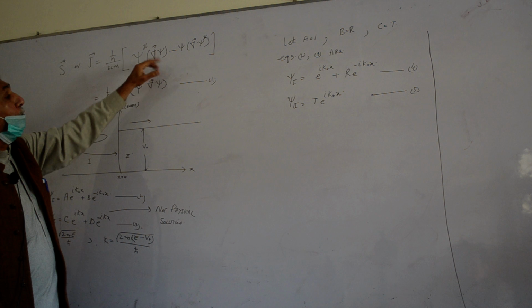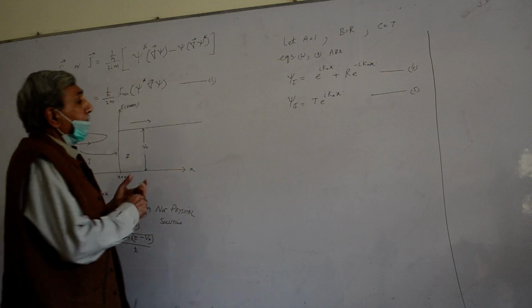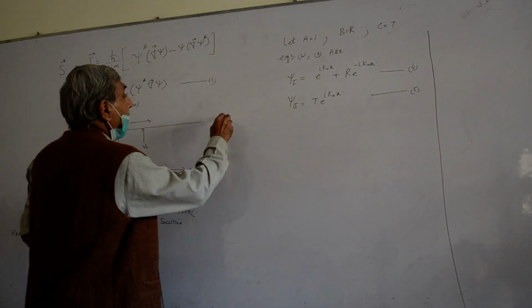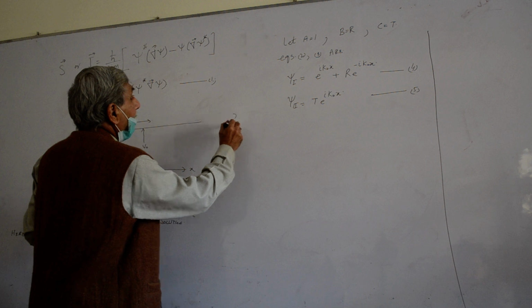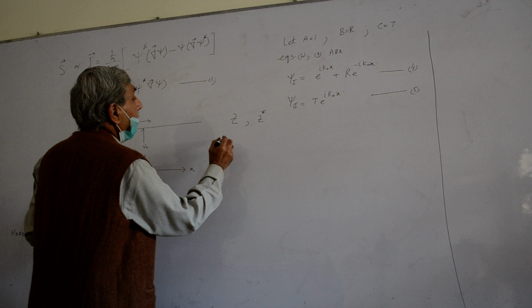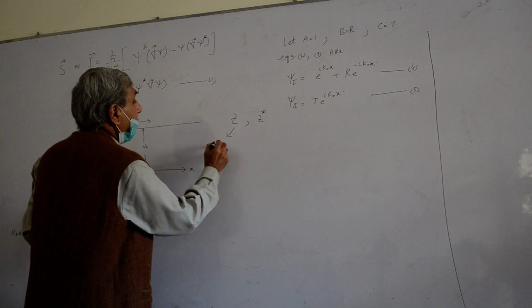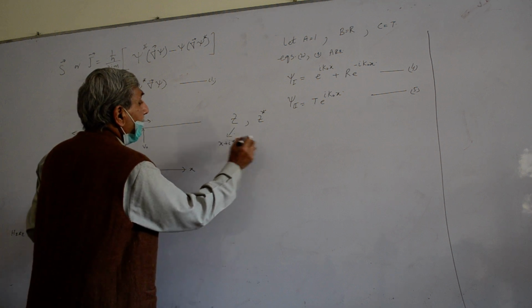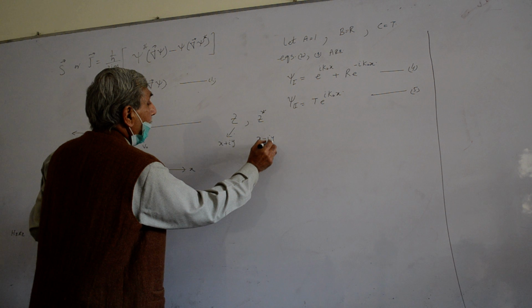If you have a complex number z and its complex conjugate is z star, then if z is x plus iy, z star is x minus iy.